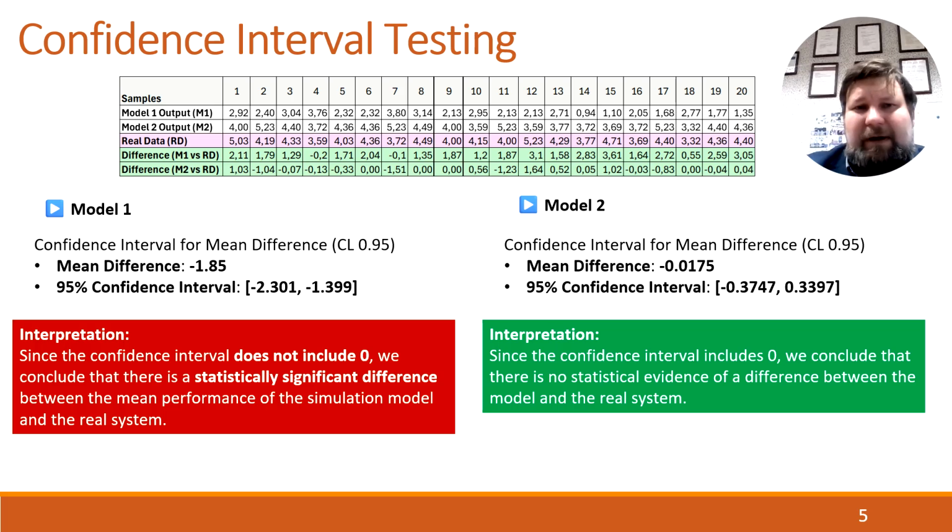For model 1, the confidence interval for the mean difference does not include 0, so the model is statistically different from the real system. For model 2, the confidence interval includes 0, meaning there is no statistical evidence of a difference. So based on this test, model 2 is acceptable while model 1 is not.